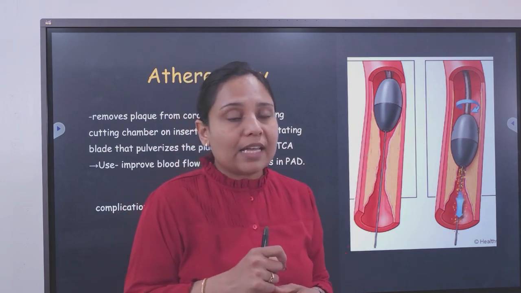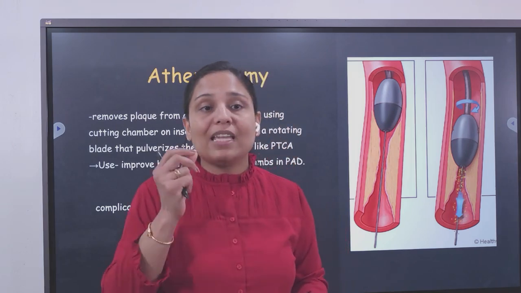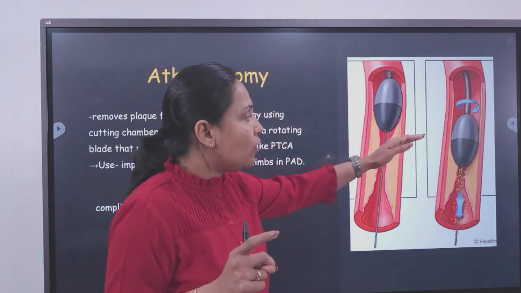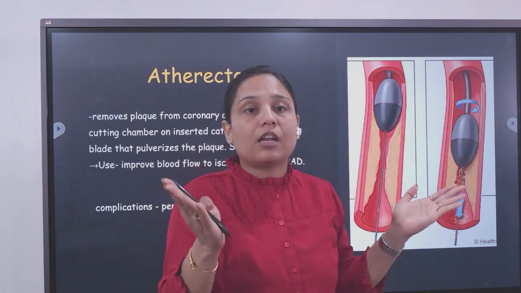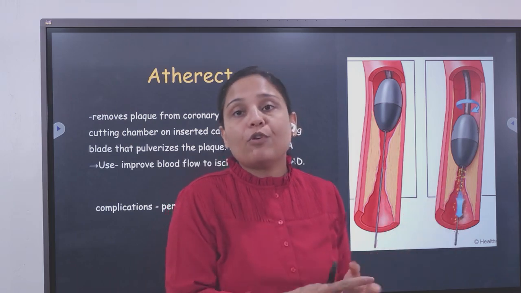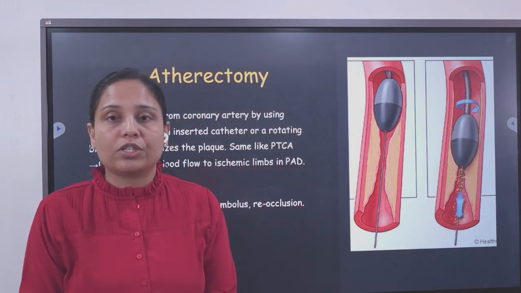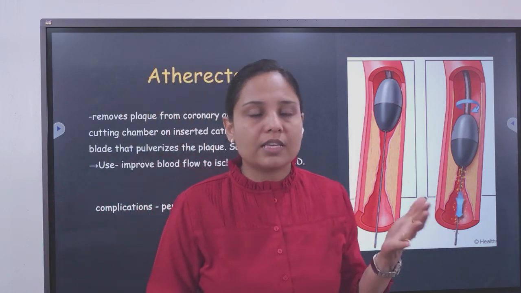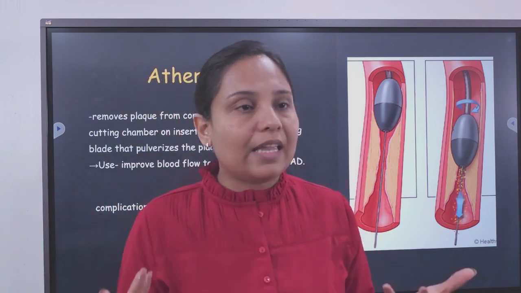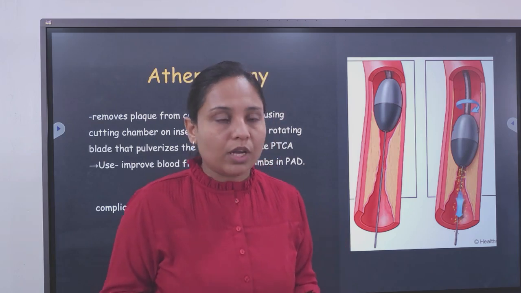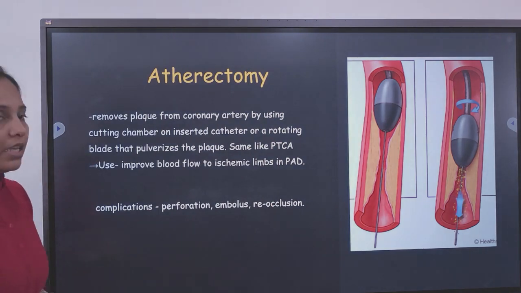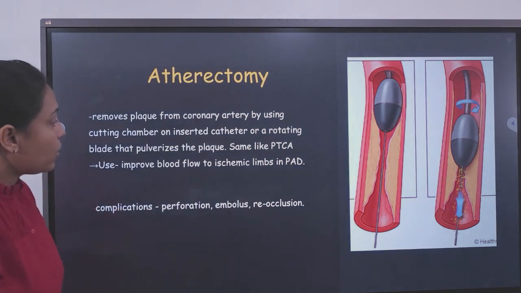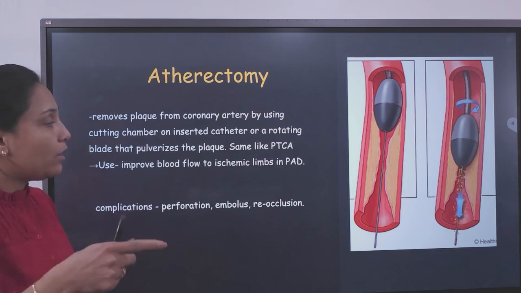And if those are of big size, they can get trapped somewhere and cause emboli. So emboli is the biggest risk. Another risk, when you are trying to scrape this off, is that blood vessels can possibly get ruptured. तो परफोरेशन का भी रिस्क है यहाँ पे. And when you are just removing this, there is a possibility that after a few months it can come back. Okay, so atherectomy is removal of the plaque from the coronary artery by using a cutting chamber on an inserted catheter or a rotating blade.